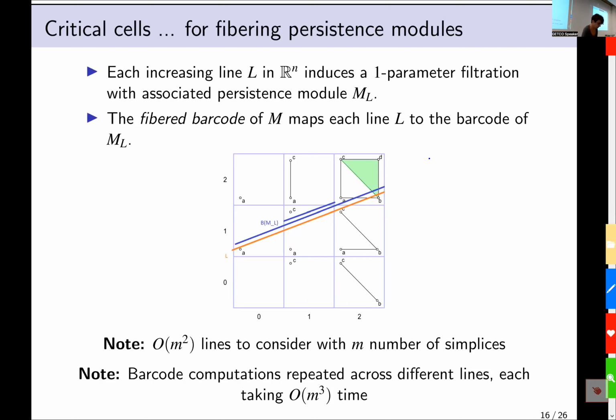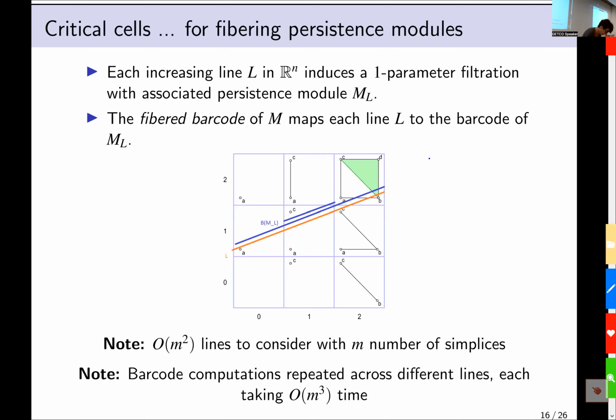And remember that the barcode computation in the worst case takes m³ time, even if the example previously shows that in practice it is linear. So take this m³ as theoretical, because in practice it is often linear.